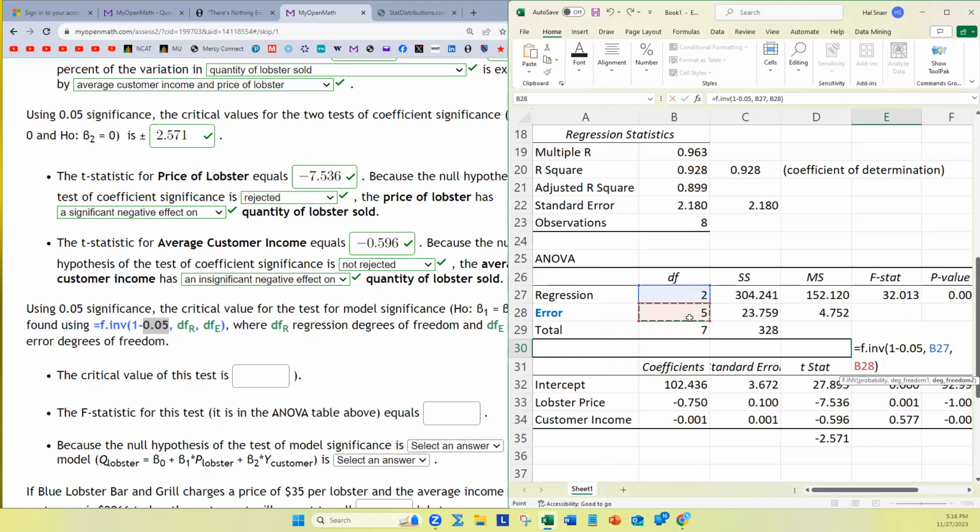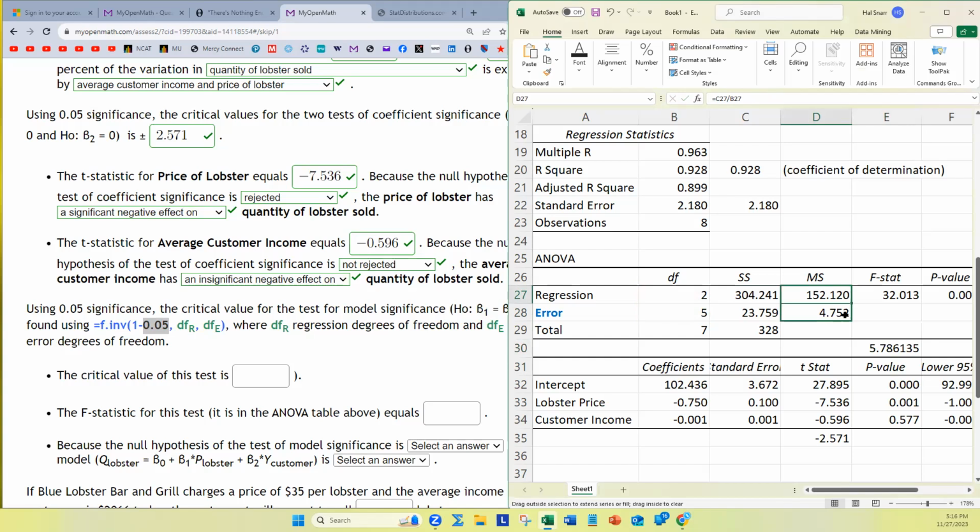And in reality, we call this the degrees of freedom of the numerator. We call this the degrees of freedom of the denominator. The reason we do that is because, remember, this value here is the ratio of our sum of squares of regression divided by our regression degrees of freedom, right? The ratio of these two gives us our mean squares.